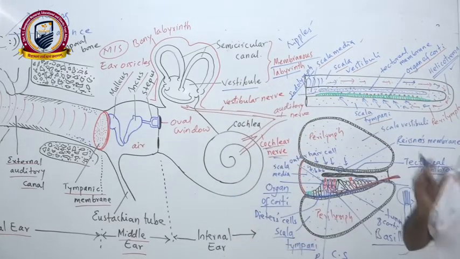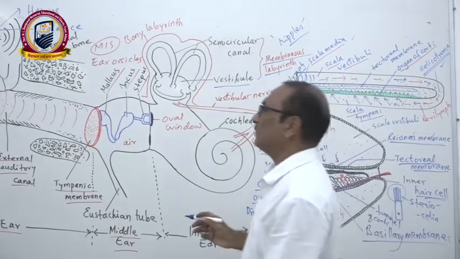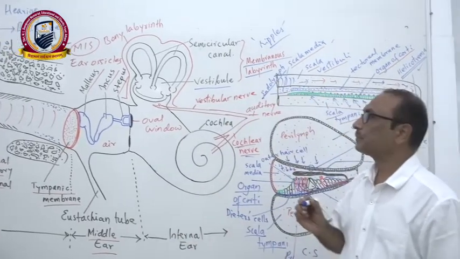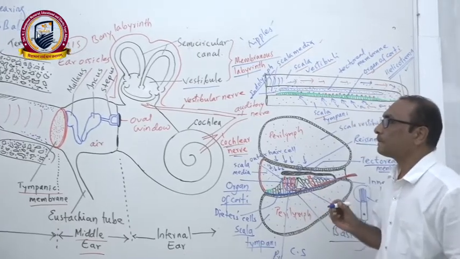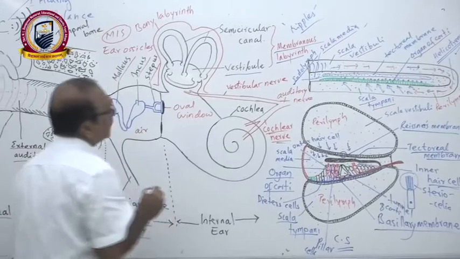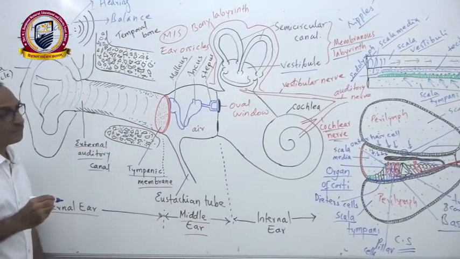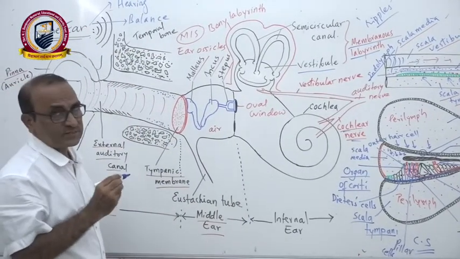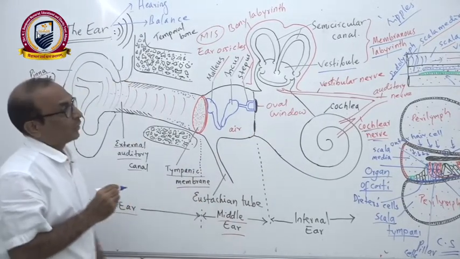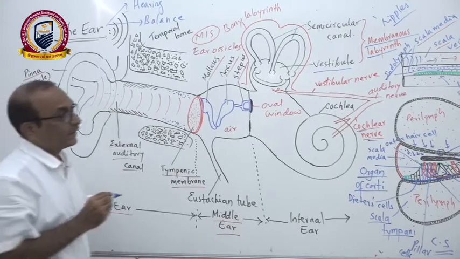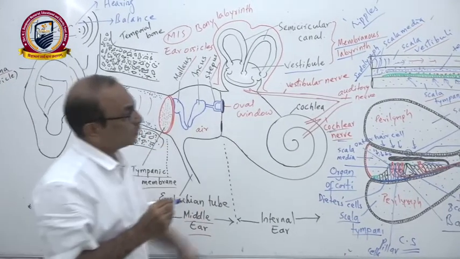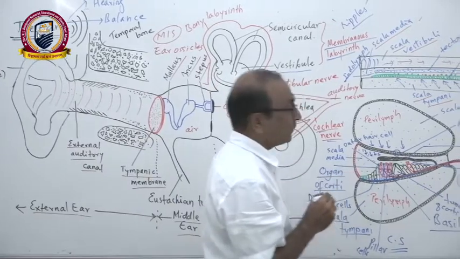The vestibule is a sac-like structure which has 2 parts, the sacculus and utriculus, and these are connected to the cochlea. Especially a tube connects deep into the scala media.